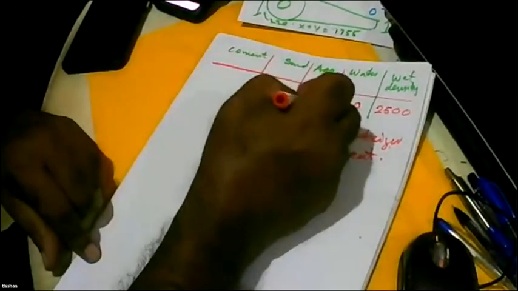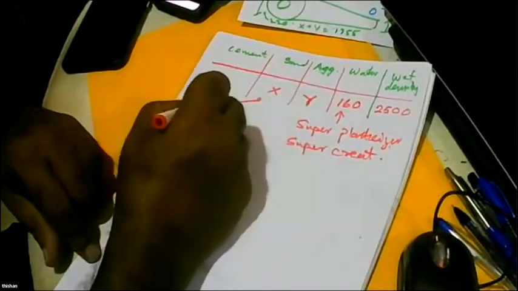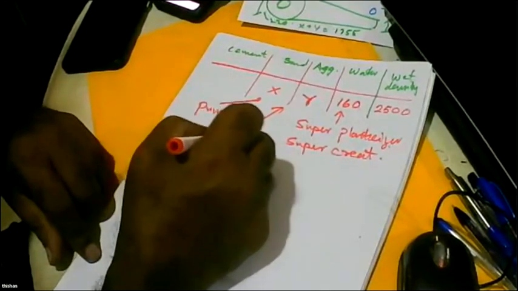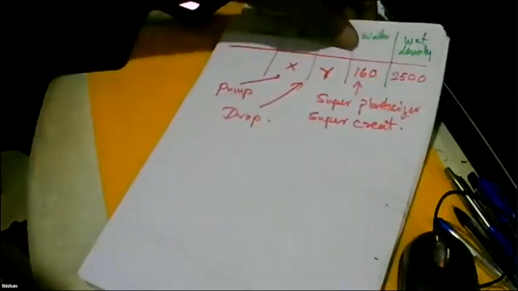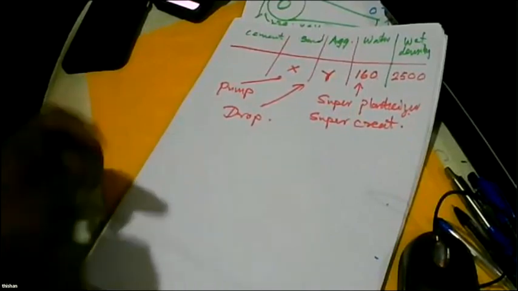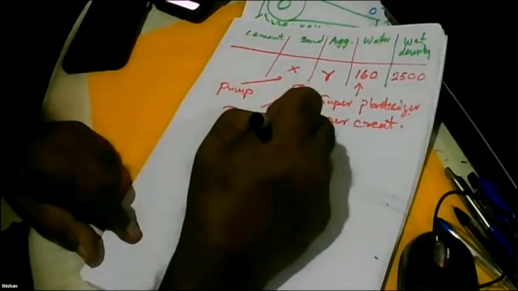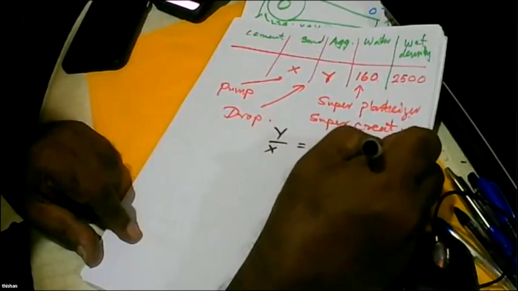X and Y will all depend on whether I'm going to pump or drop. So I can use a bottom opening skip and drop it, like in a large pile cap. If I'm dropping, what happens? I can say Y over X is 1.7 to 1.8.